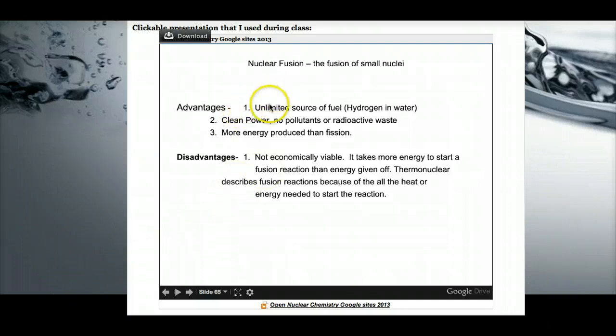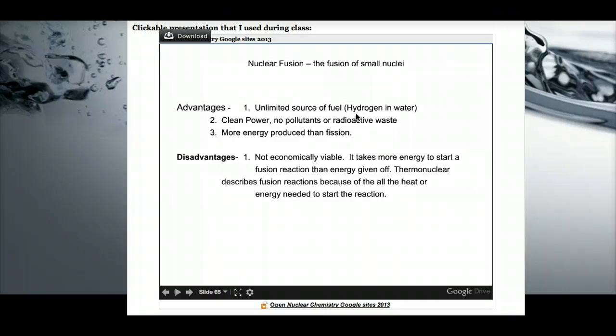So the important advantage of nuclear fusion is that there's an unlimited source of fuel. With fission, the splitting of the atom, we have to find fissionable material. Weapons-grade uranium, uranium-235, is in small amounts. We do not have an unlimited supply of that.